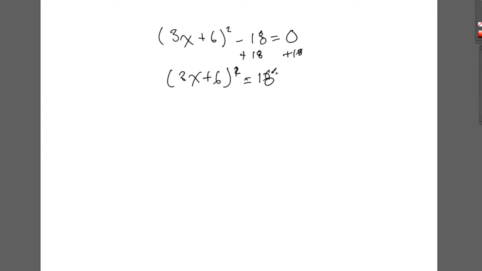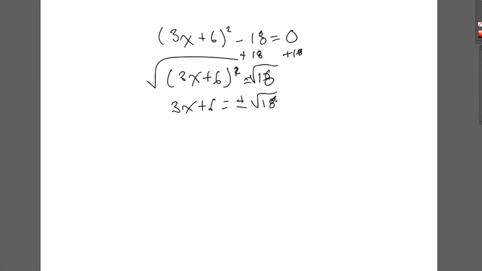And then what we're going to do is to take away the parentheses, we're going to square root both sides. And then it will become 3x + 6, so the parentheses goes away, equals plus minus square root 18.